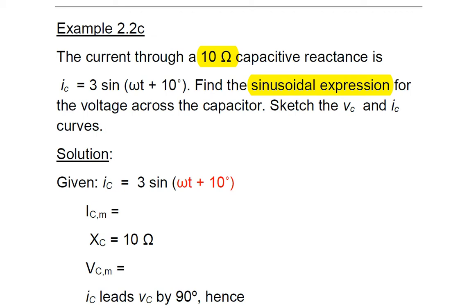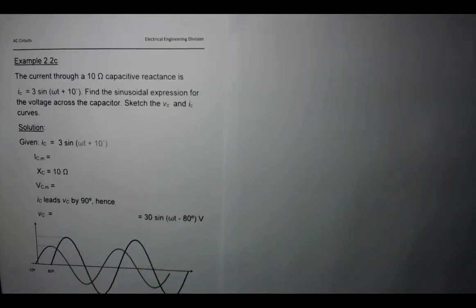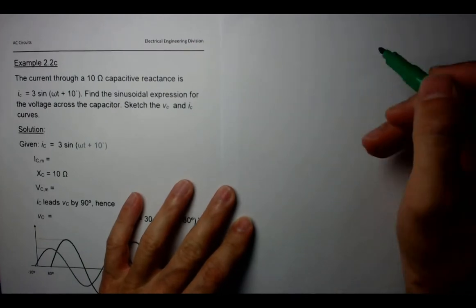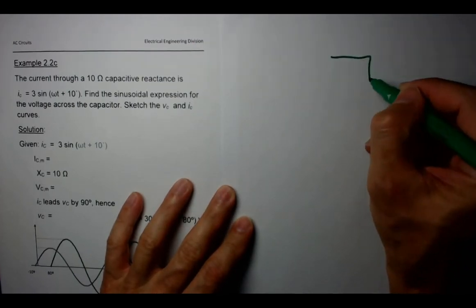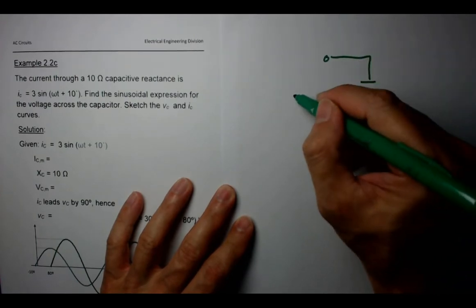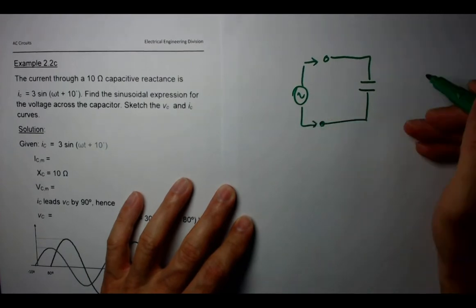Let's see how we go about doing this type of question. Well, to answer this question, the first thing I'll do is draw the circuit. The circuit is basically a capacitive circuit, a very simple one, and we apply a sinusoidal voltage to the supply.